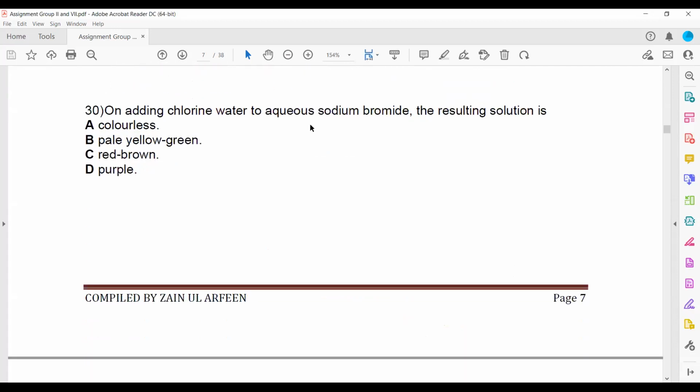In question 30, on adding chlorine to water and aqueous sodium bromide, the resulting solution. So when we bubble chlorine gas through an aqueous solution of sodium bromide, NaBr, chlorine is more electronegative or more reactive, so it will displace bromine from its compound.